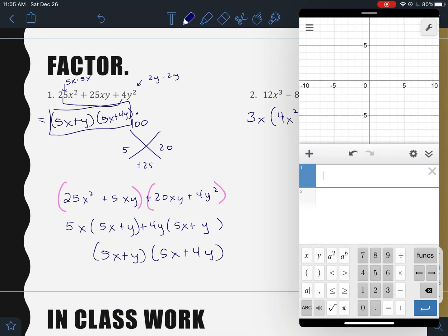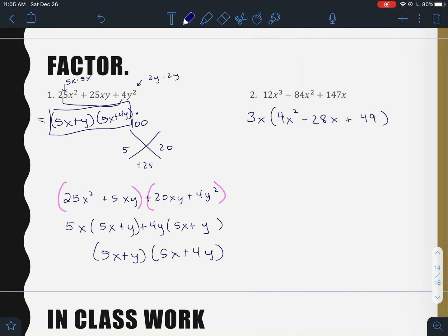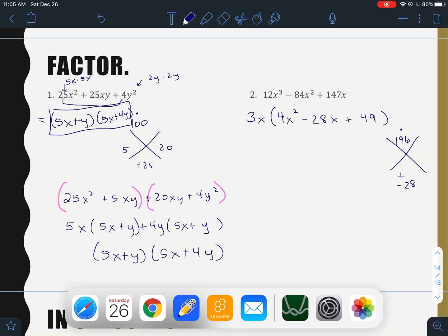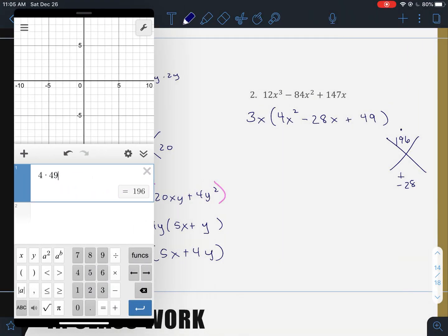Or we could take 4 times 49. So we could take the a times the c, and we get 196. So can I multiply to 196 and add to negative 28?